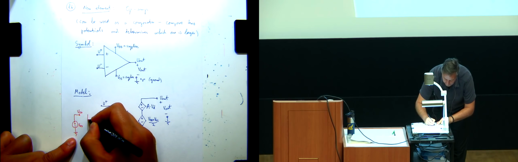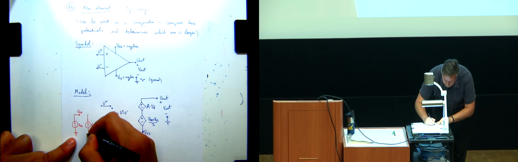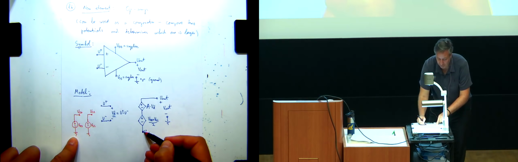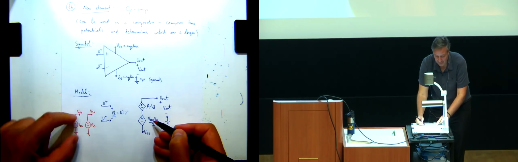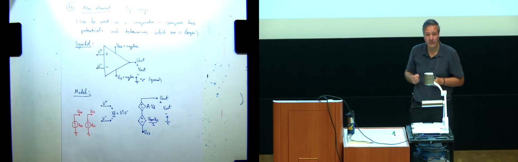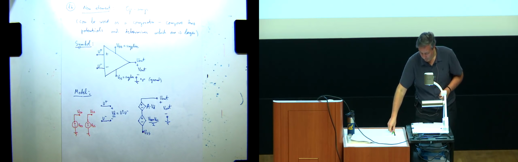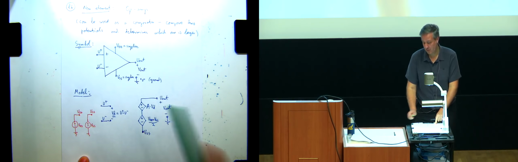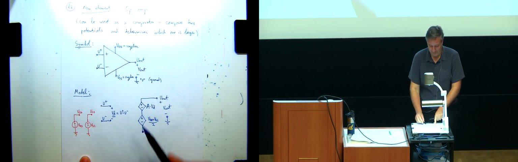And I also have a battery, VSS, and I'm calling this terminal VSS. So these are the same terminals. This VDD is the voltage provided by this battery. So this is a voltage-controlled voltage source. What is this one? This other diamond here.